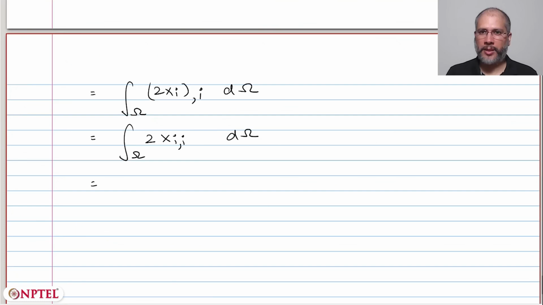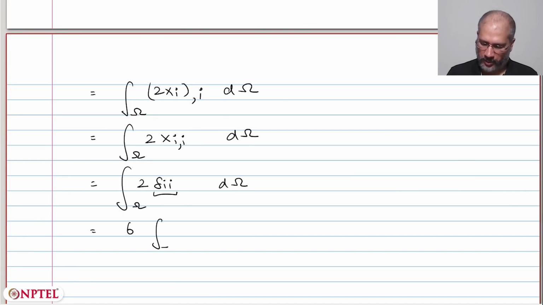Well, xi comma i is delta ii. So this becomes twice delta ii integral d omega. Delta ii simply is 3, and 3 times 2 is 6, and 6 is a constant, so this becomes 6 times integral of d omega, and integral simply of d omega is omega, so this becomes 6 times omega, which is the right hand side. So this completes the solution.